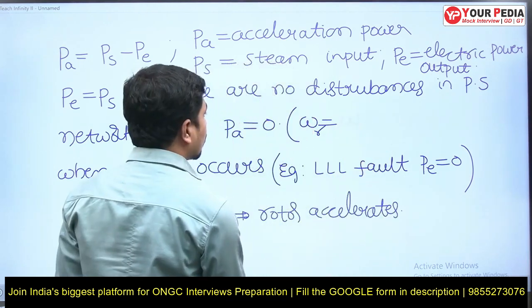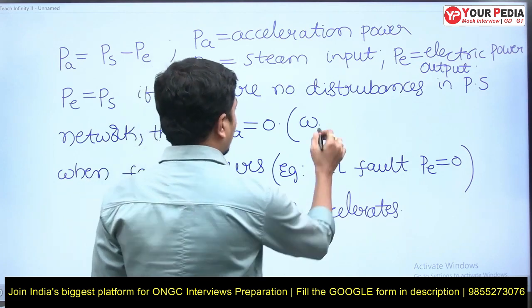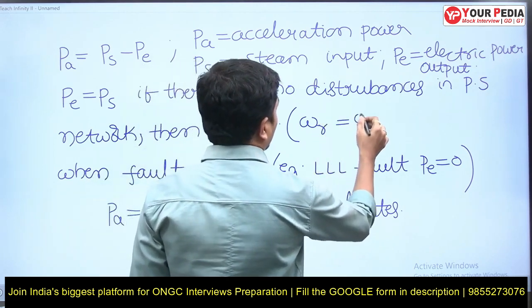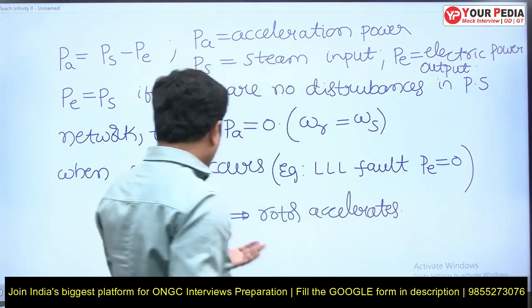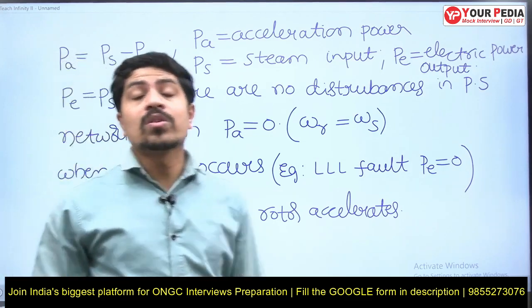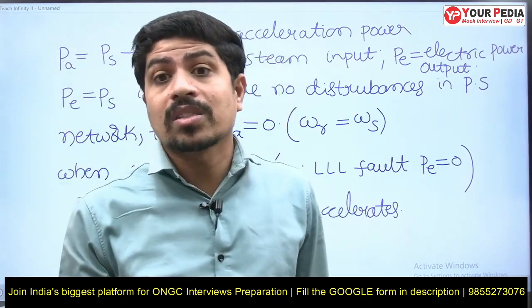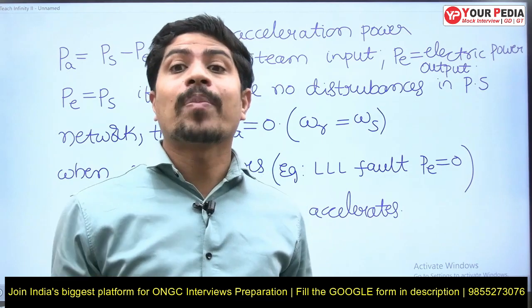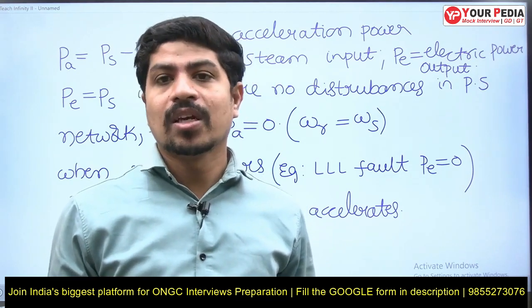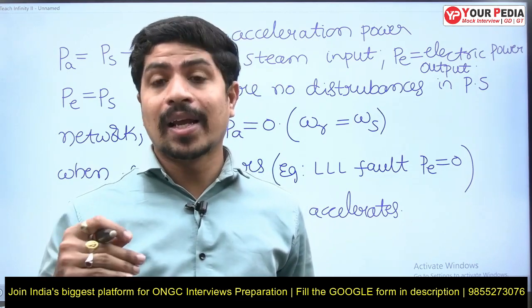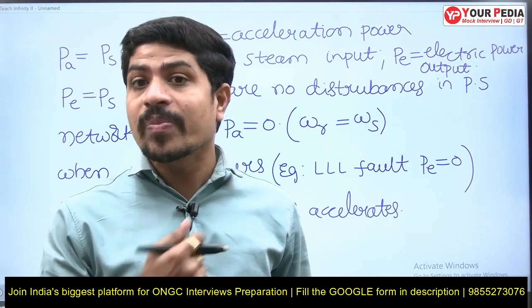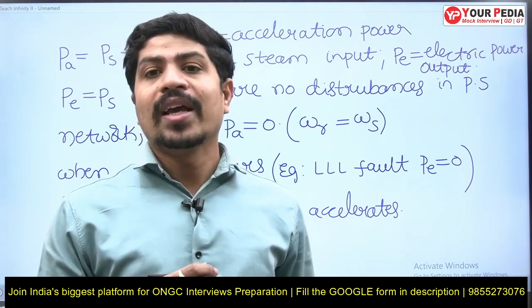Now the acceleration power is positive due to the fault, so the rotor starts accelerating. You know what happens if it accelerates? The rotor angle changes. The rotor angle keeps on increasing, in this particular case I'm talking about. It accelerates.